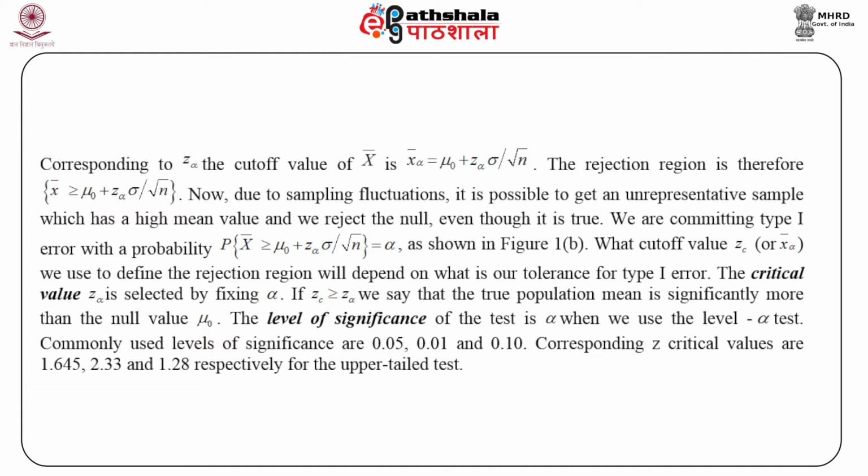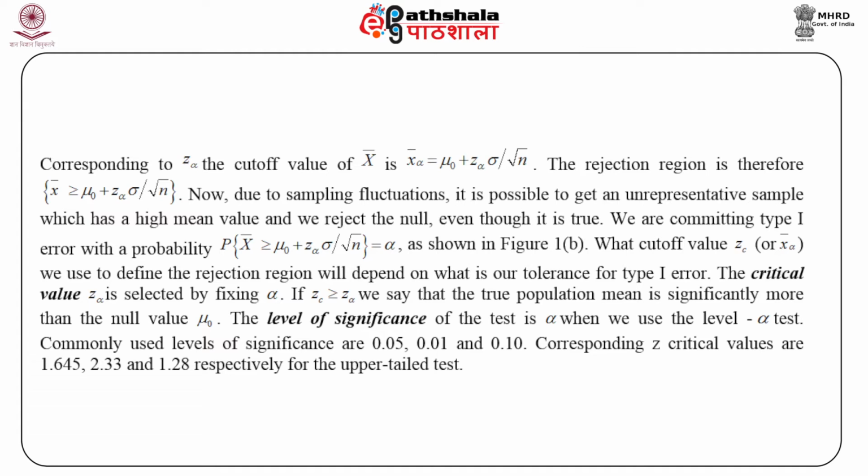What cutoff value of Zc or x bar alpha we use to define the rejection region will depend on our tolerance for type 1 error. The critical value Z alpha is selected by fixing alpha. If Zc is greater than Z alpha, we say that the true population mean is significantly more than the null value mu 0.